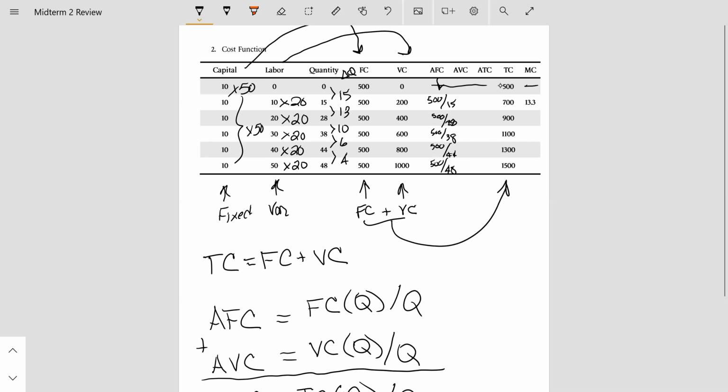For average variable cost, it'll be 200 divided by 15, 200 divided by 28, not 200, I'm sorry.